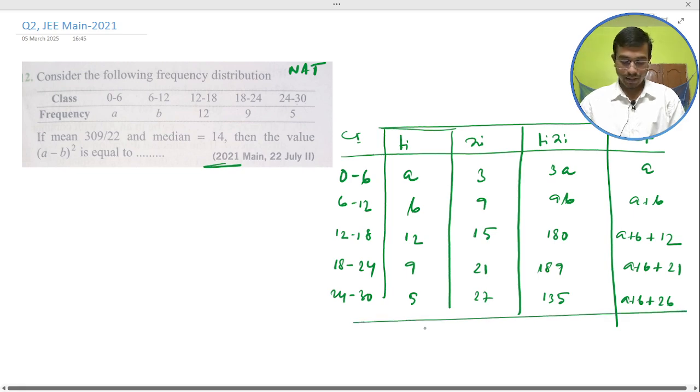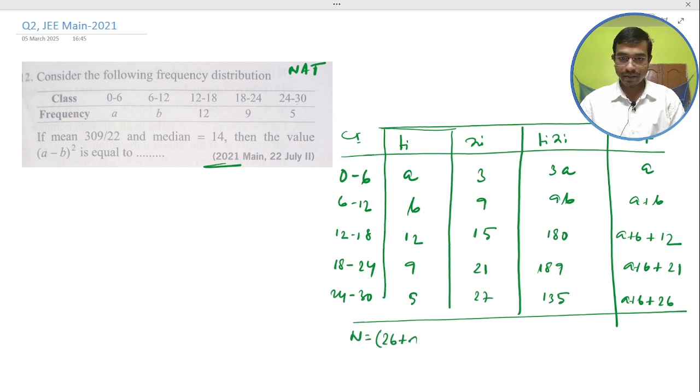So here N would become 26 plus A plus B, and the sum of FI XI would become 504 plus 3A plus 9B.